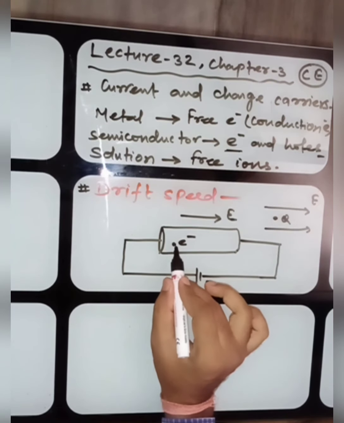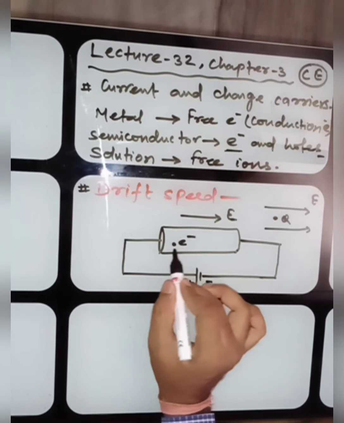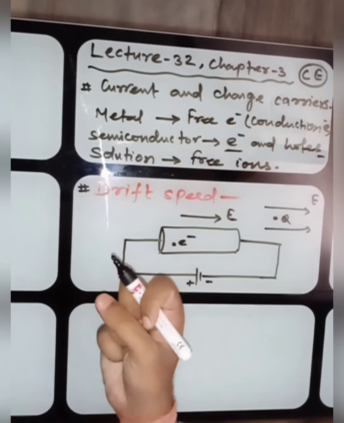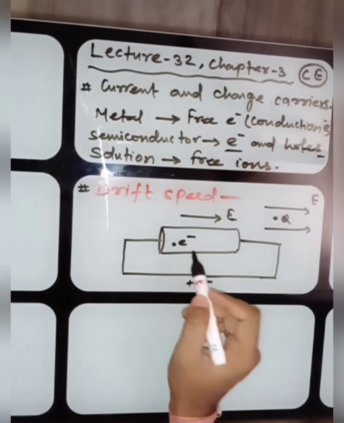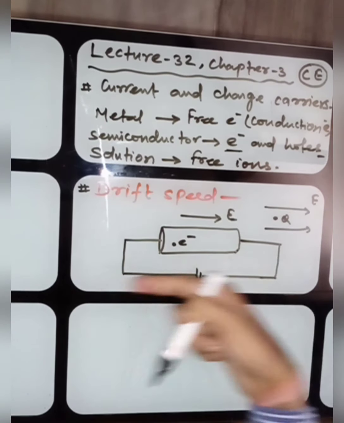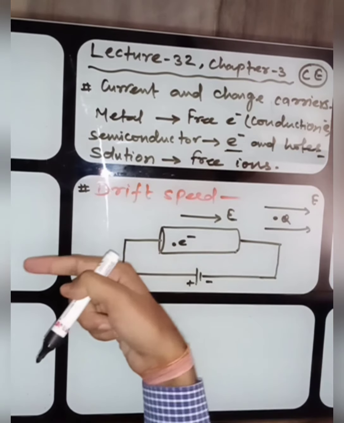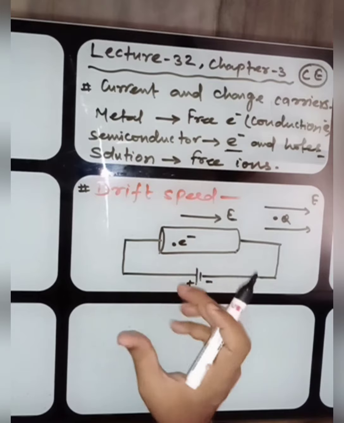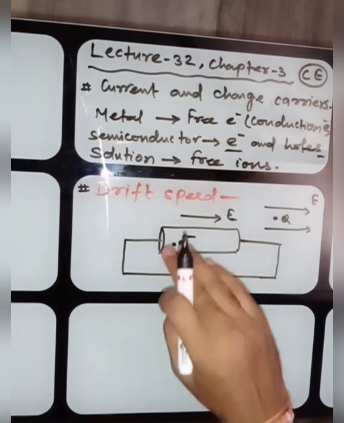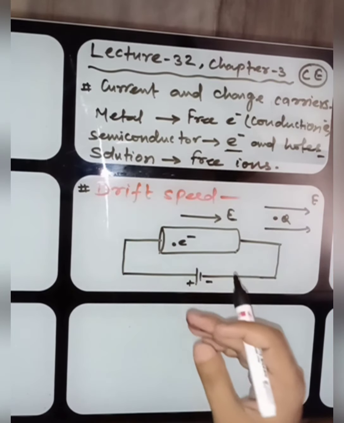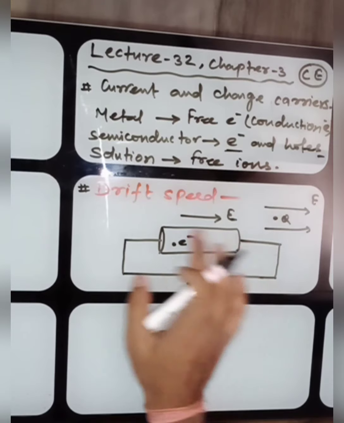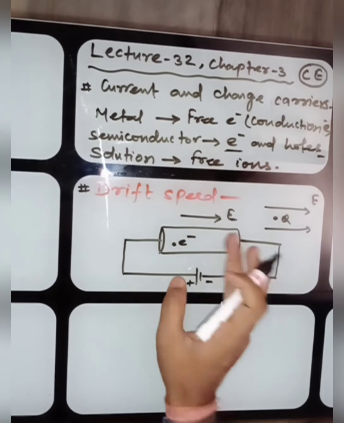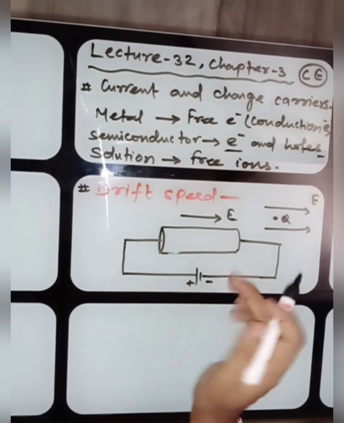Since there are a number of electrons, each electron will start experiencing a force, and due to that force, the electron will move opposite to the electric field. Electrons start moving in this direction. But there are a number of electrons, and electrons collide with the other electrons. Due to that, the direction of motion of the electron changes after each collision.